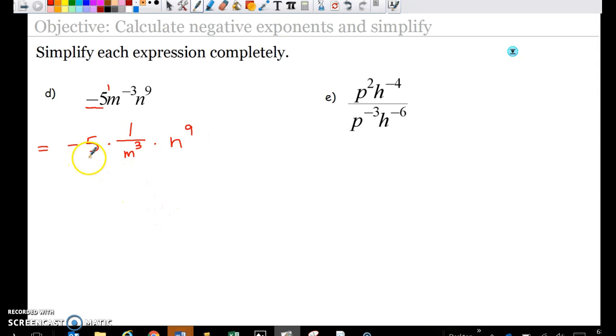Now remember, I have a whole number times a fraction times another whole number. It's like having them over 1. So negative 5 will be on the top of the fraction. Negative 5 times 1 times n to the 9th, they're all in the numerator. Numerator, numerator, numerator. And when I multiply, I just go across. Denominator, denominator, denominator, m to the 3rd.